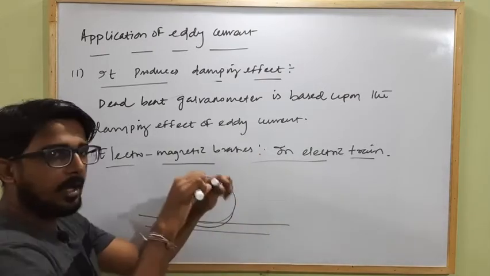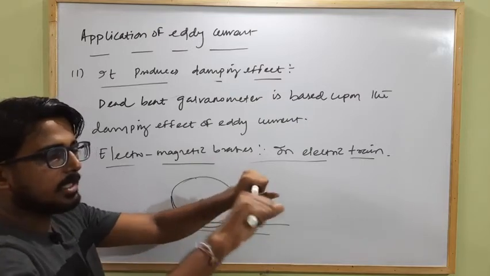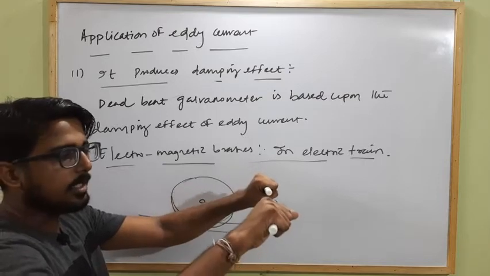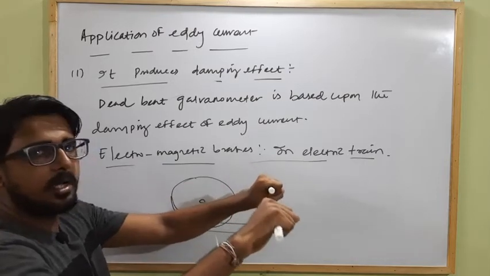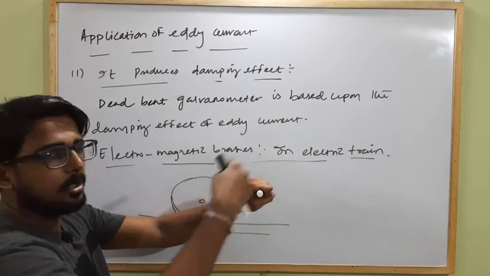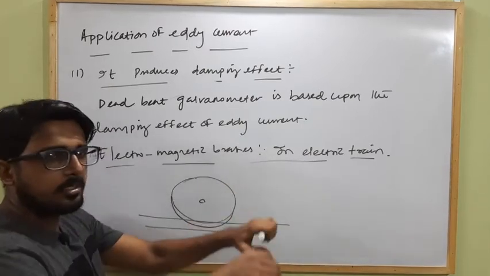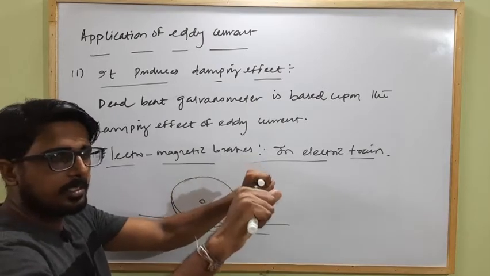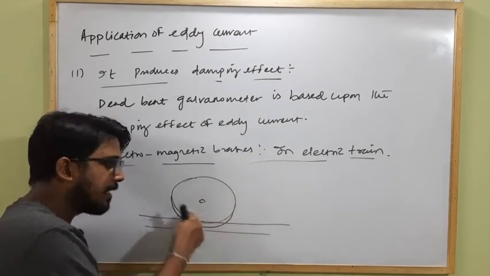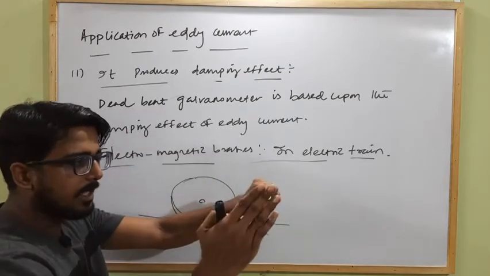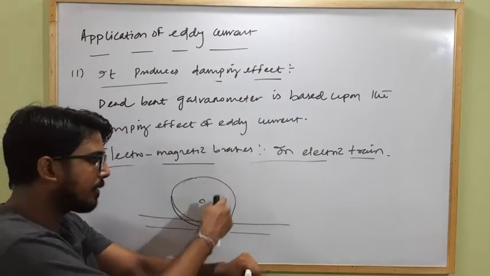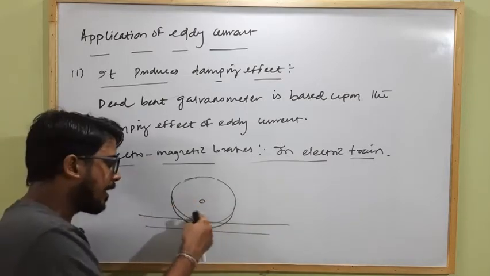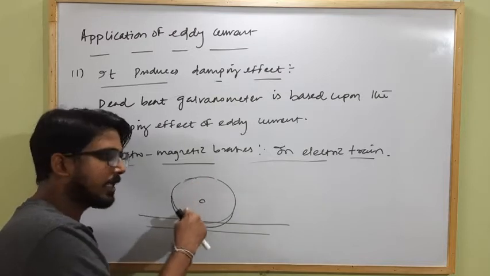When we apply the brake, current starts flowing through these electromagnet coils, which are connected at the two ends of the disc within which the metallic wheel is rotating. This creates a magnetic field, and the magnetic field lines pass through the rotating metallic wheel.